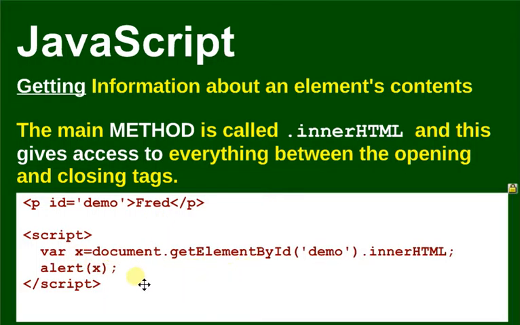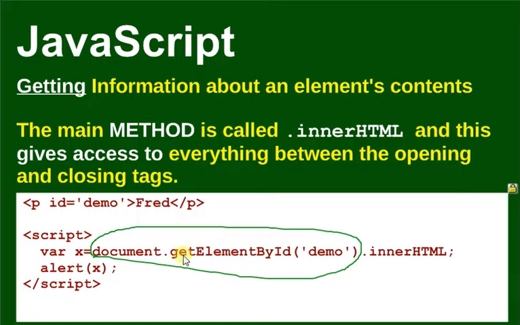So what the script does here, it makes a new variable called X, and then it uses that and gets the inner HTML. So that bit there is about getting the element, and then this section here, inner HTML, is a method to get the inner HTML and put it into this variable X. Okay, so this variable X now contains all the inner HTML of the paragraph, which is Fred.